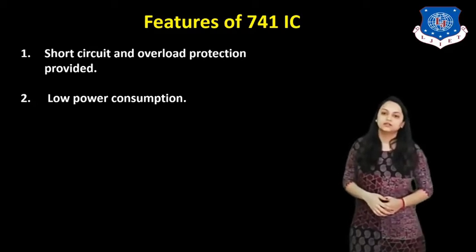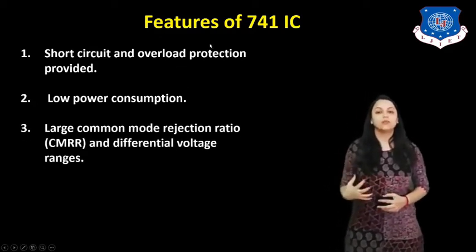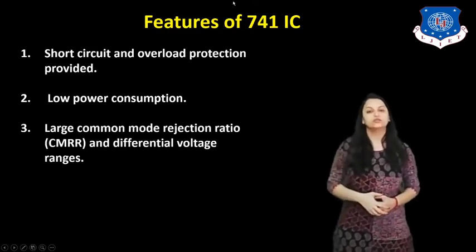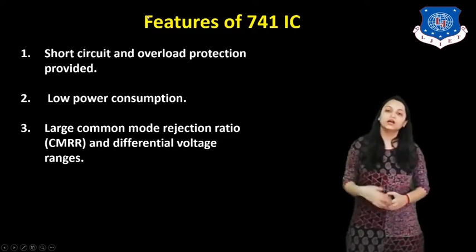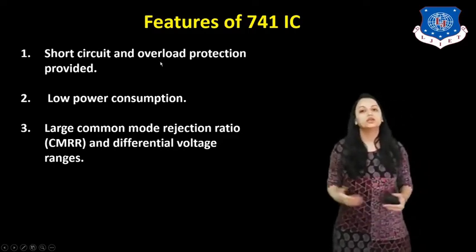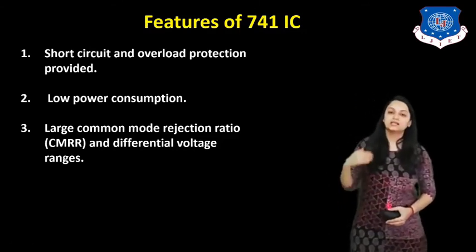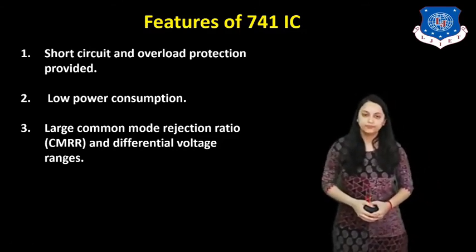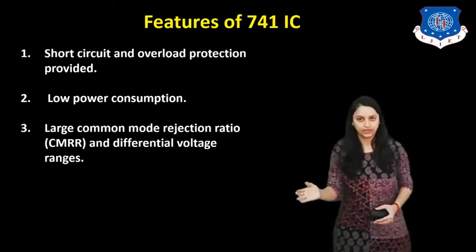Next, that is large common mode rejection ratio and differential voltage ranges. Now here CMRR and PSRR are the main parameters when related to any OPAMP ICs. So by using IC741, it has large common mode rejection ratio. That means it is the ratio of differential gain to common mode gain.